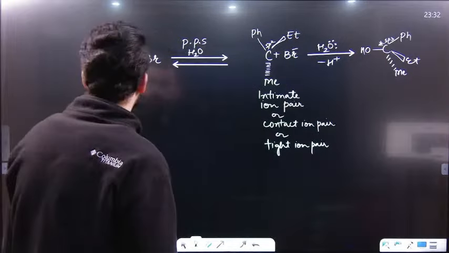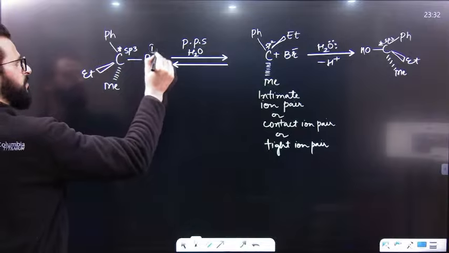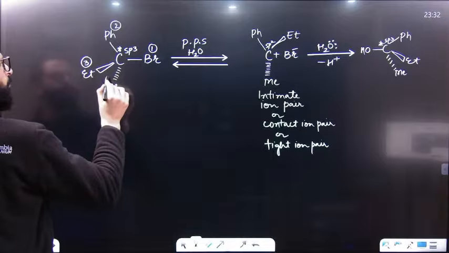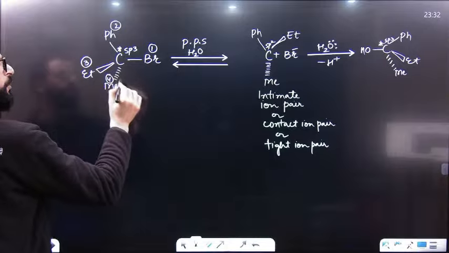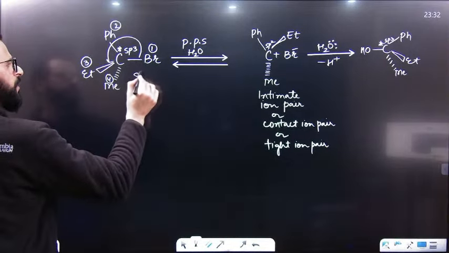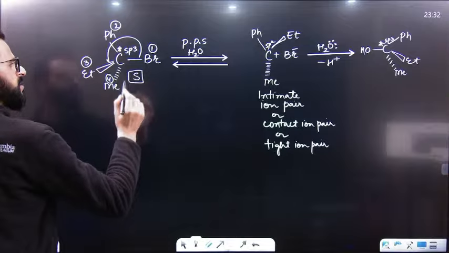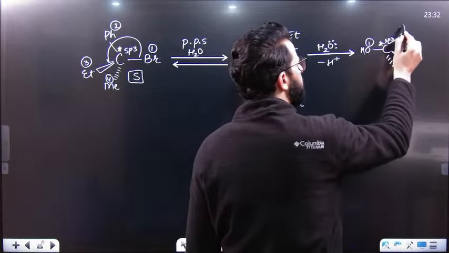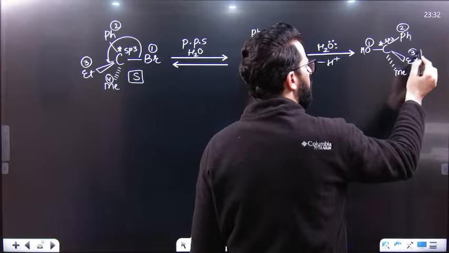Now, you know this is having priority number 1, priority 2, priority 3 and priority 4. Least priority or fourth priority is on dash. So 1, 2 and 3. Its configuration around chiral center here is S. But here, configuration around chiral center will be R.